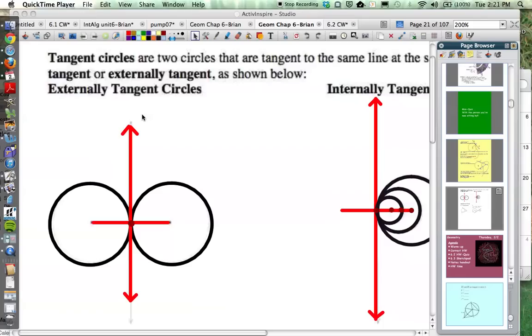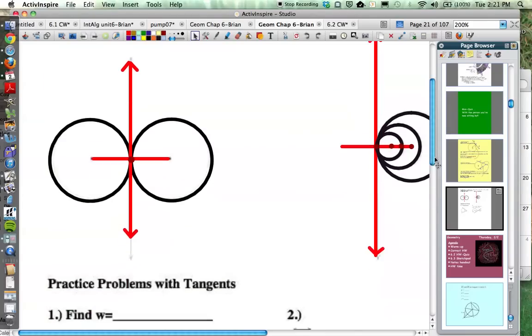So those two terms do come up a little bit, but we're not going to focus too much on them. We don't have any conjectures related specifically to them, but you should at least be familiar with those terms, externally tangent circles and internally tangent circles.